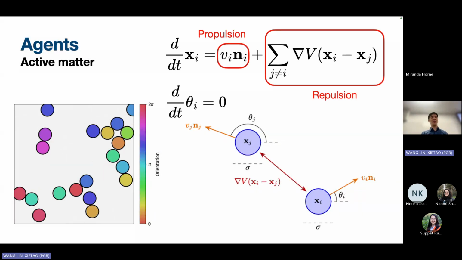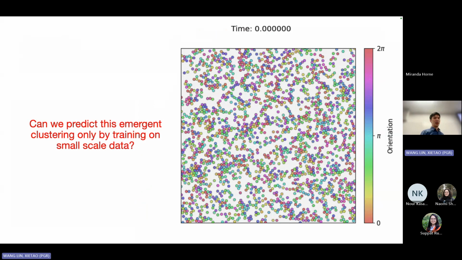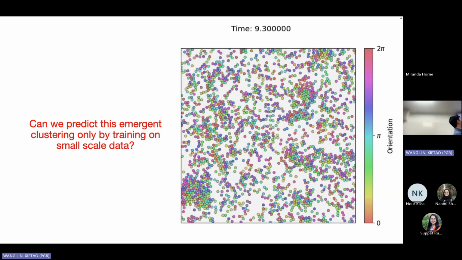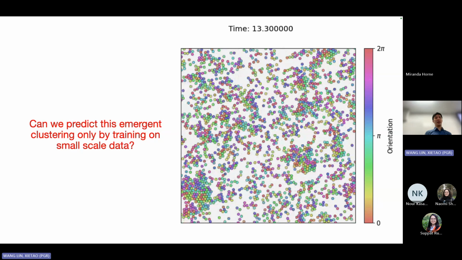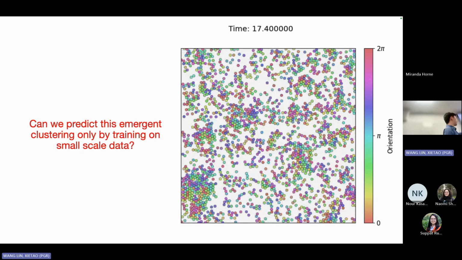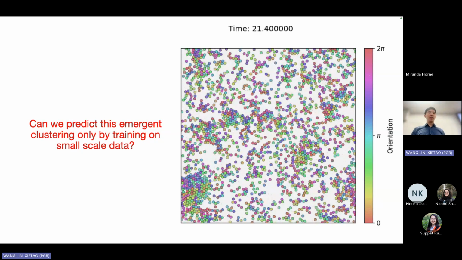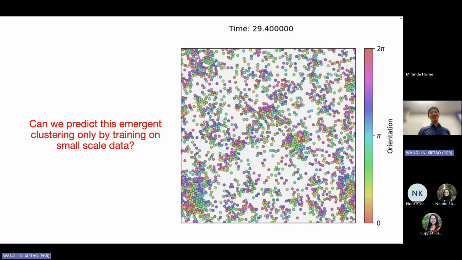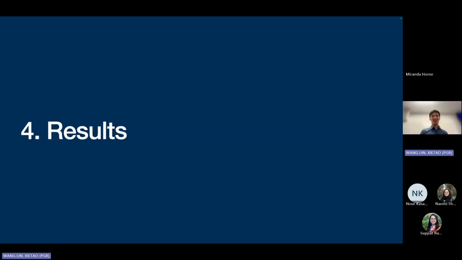And when we scale this up, we can then use the graph neural network to infer on a larger patch, that looks like this, and see if we can recover the clustering. Okay, so we'll do that now. See if it works.